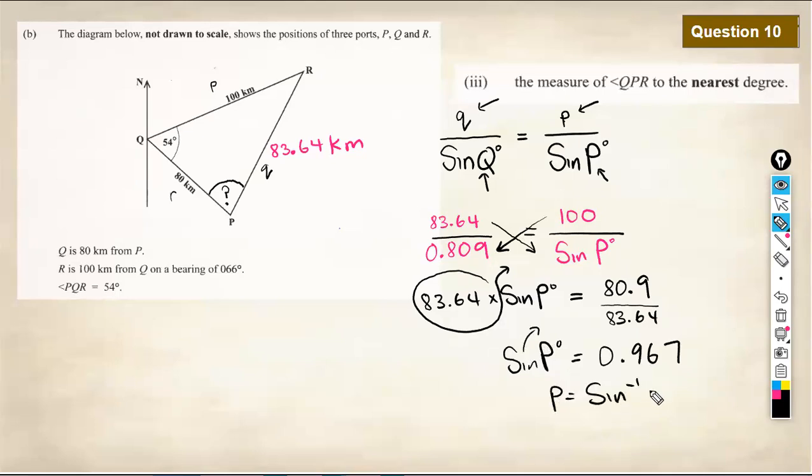Throw across sine, you'll get what? Sine inverse. And let's see what my final answer is. Second function, sine 0.967. I'm getting 75.24 to 2 decimal places, right? But it's set to the nearest degree. So that means my final answer is 75 degrees.